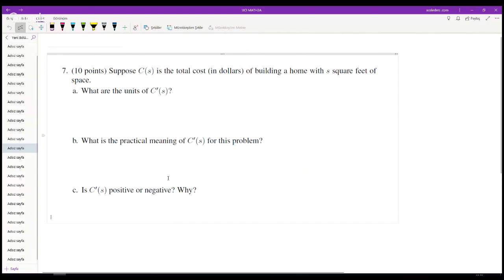First question, what are the units of C prime of S? So this is directly related to the meaning of the derivative. What is the meaning of it? It means dC over dS mathematically.